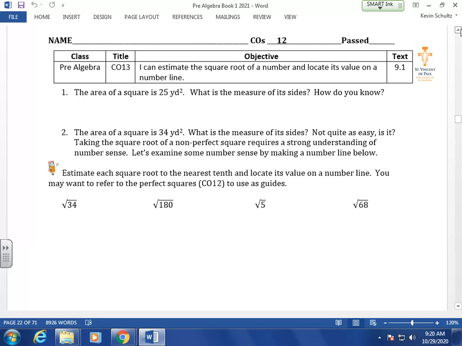So we start here, and again, we're on CO13 now, so flip your page over. The area of a square is 25 yards squared. What is the measure of its sides, and how do you know? If I give you a square that has an area of 25, are you able to tell me what its side lengths are, and then tell me how you know?